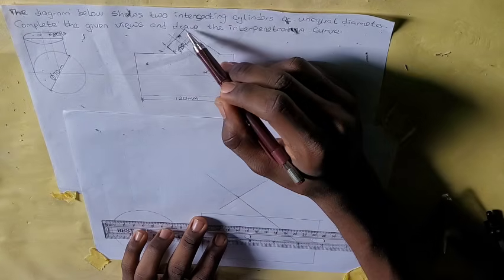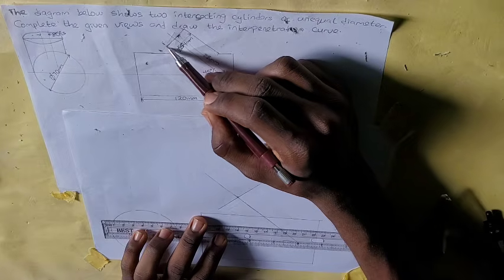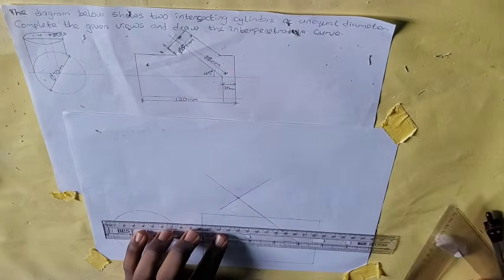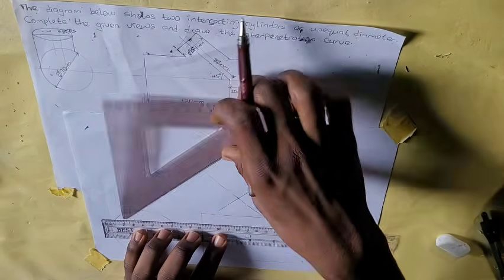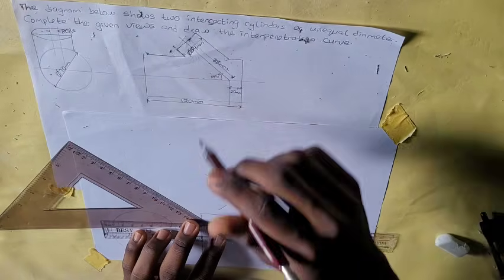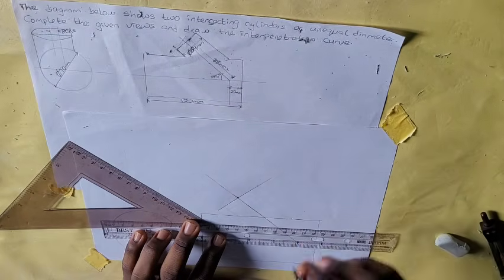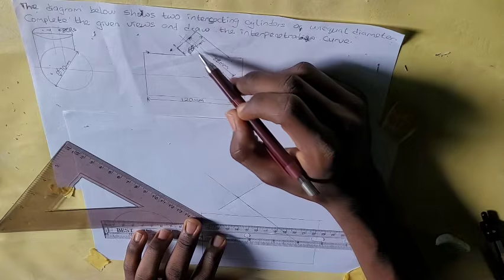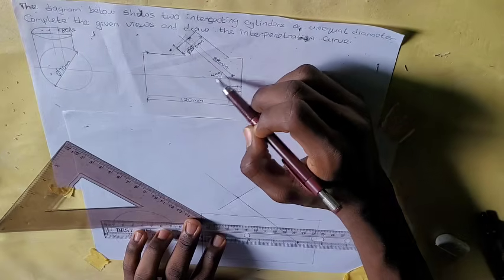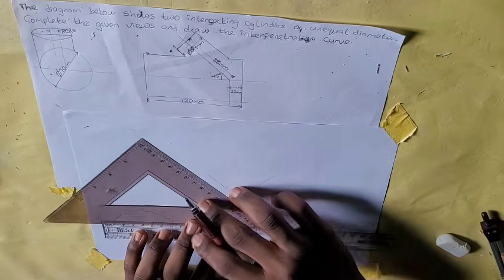So that's like this. I'm going to draw the line from here and here. I'm going to use my 45-degree set square because these lines are at an angle. They are also inclined at 45 degrees to this horizontal line.